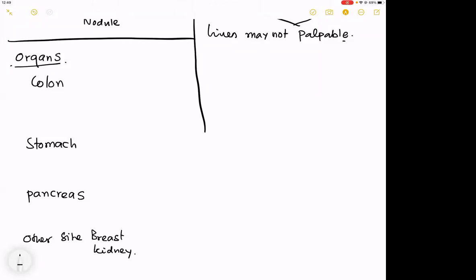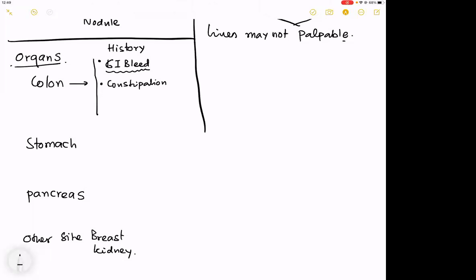If it is arising from the colon, what will be the history points? Number one, GI bleed, usually lower GI bleed, melena or hematochezia. Number two, constipation, very rightly said.